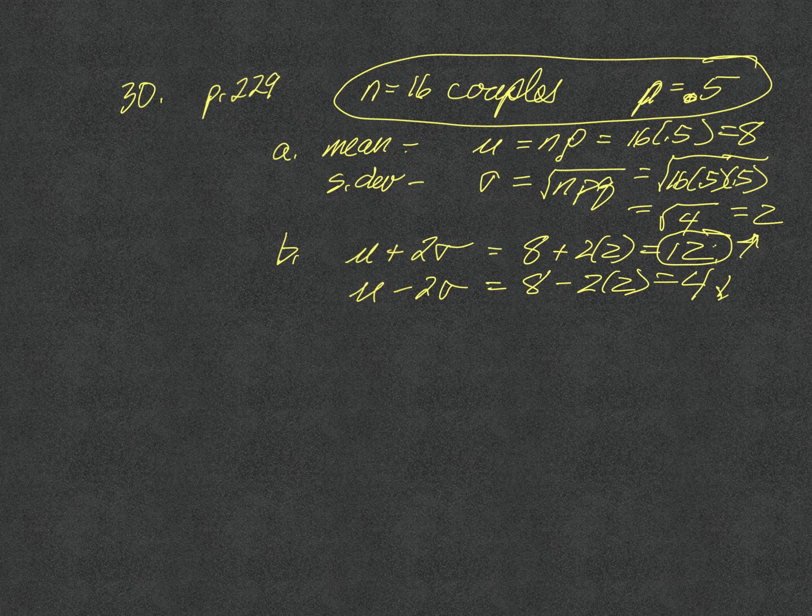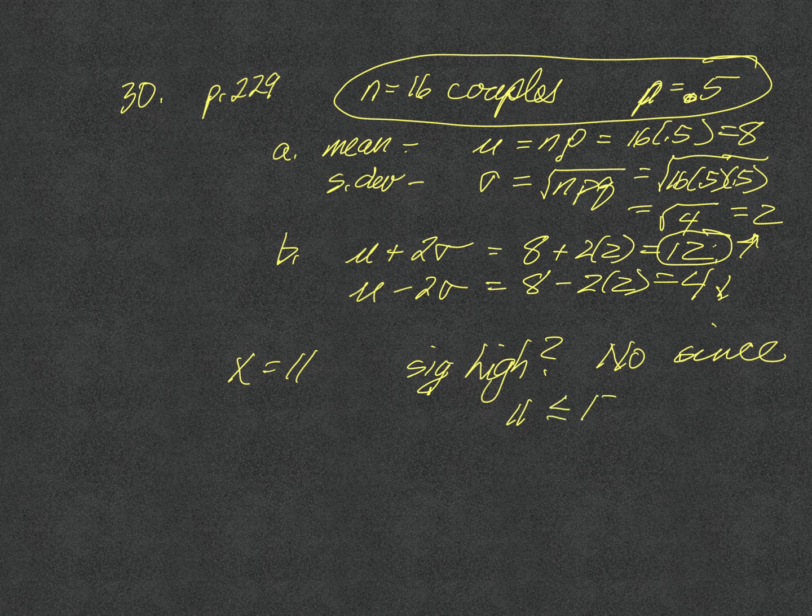So the last question asks this. The result is X equals 11 of them were girls. Is that significantly high? And the answer is no, since 11 is less than 12.